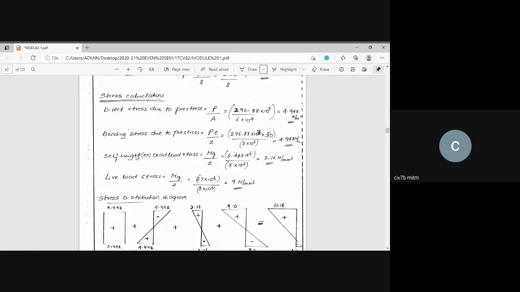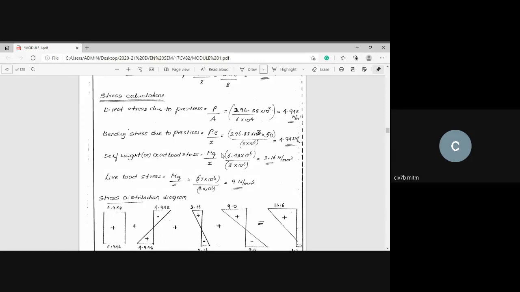Next, the stresses due to self-weight. The stress due to self-weight is calculated as MDL divided by Z. Please note down, I am writing Z and Z here because at top and bottom both it is the same. If it differs, you need to calculate all these things separately. That I'm going to discuss in the next problem. Next, let me substitute the MDL.